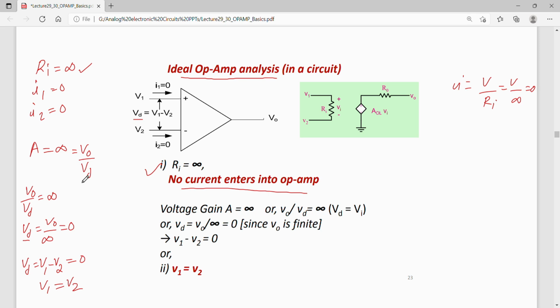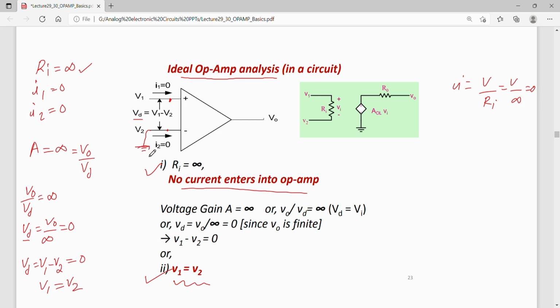So this is another important property to remember: in an op-amp these two terminals are at the same potential. If I connect this to ground, this potential will automatically be considered at ground, or virtual ground.